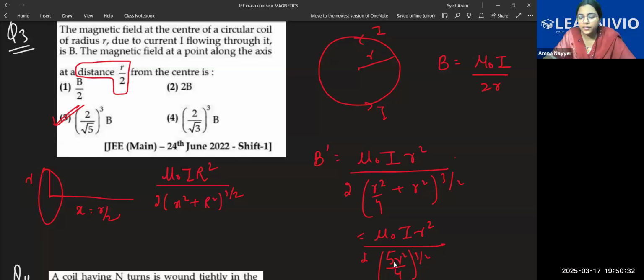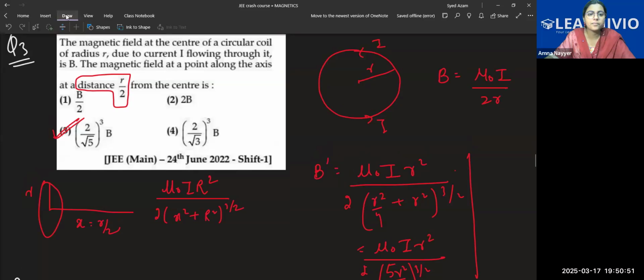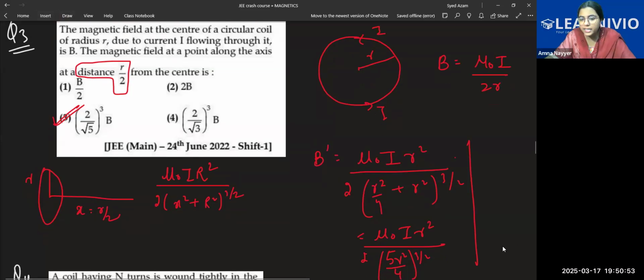See, from here, 5 to the power 3 by 2 is left, root 5 to the power 3. When this 4 goes up, only 2 to the power 3 is left. I'm talking about this 4 to the power 3 by 2.